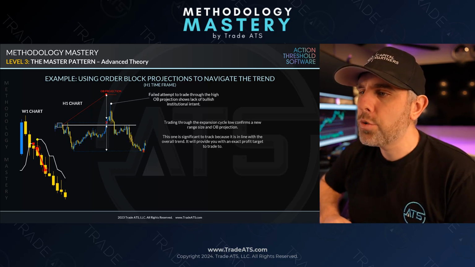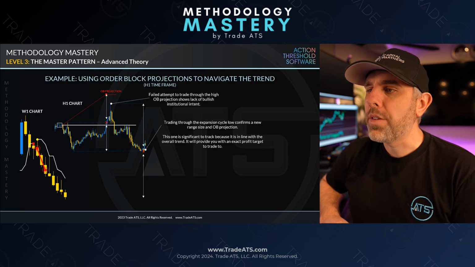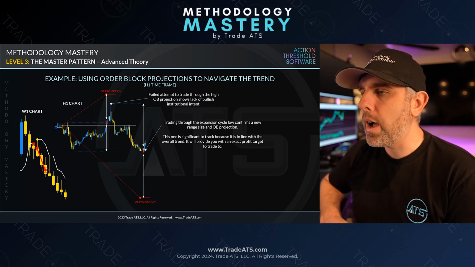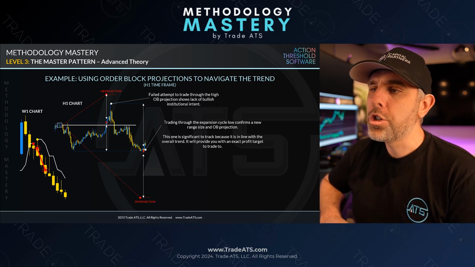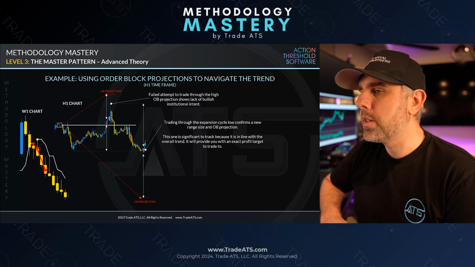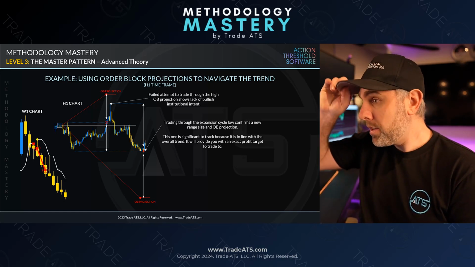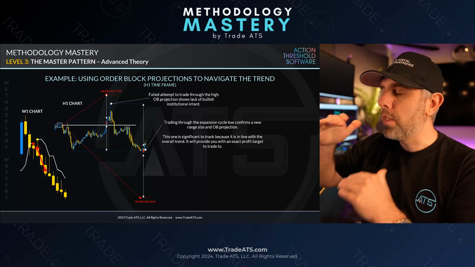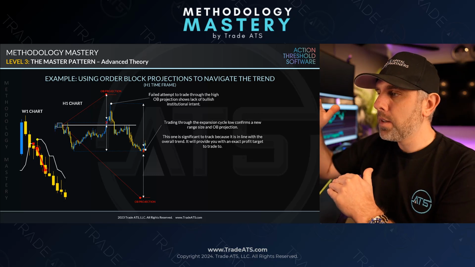So as the market trades up, what happens? We have a failed attempt to trade through the high order block projection, which shows a lack of bullish institutional intent. Keep in mind, they are setting the range. They are setting the projection.